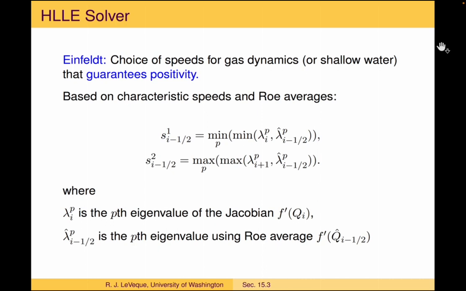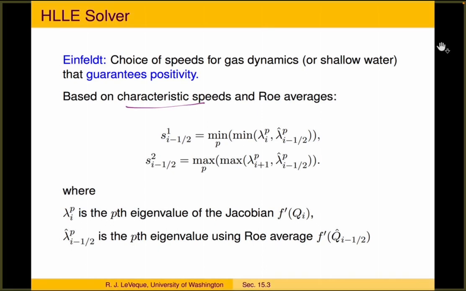This is again a two-wave solver like HLL, but it chooses the speeds S1 and S2 by looking at both the characteristic speeds and also the eigenvalues of the Roe matrix that we were just looking at. I just noticed a typo on the slide that I just fixed.